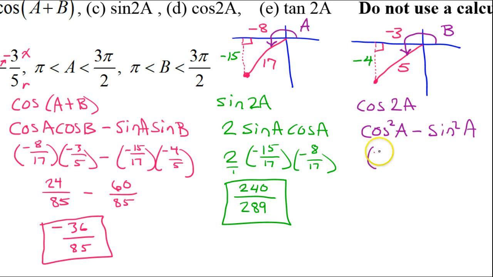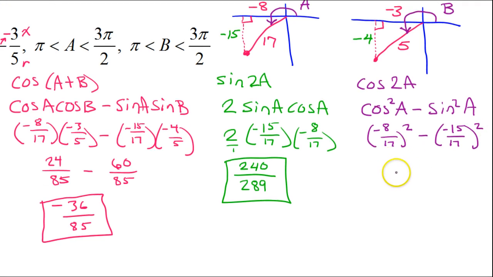Cosine of A, that was negative 8 over 17. I'm going to square that. Sine A was negative 15 over 17, and so now I need to square that.